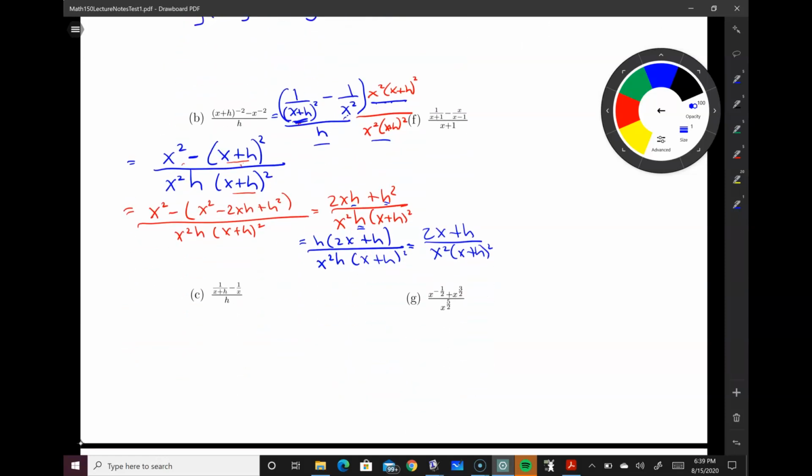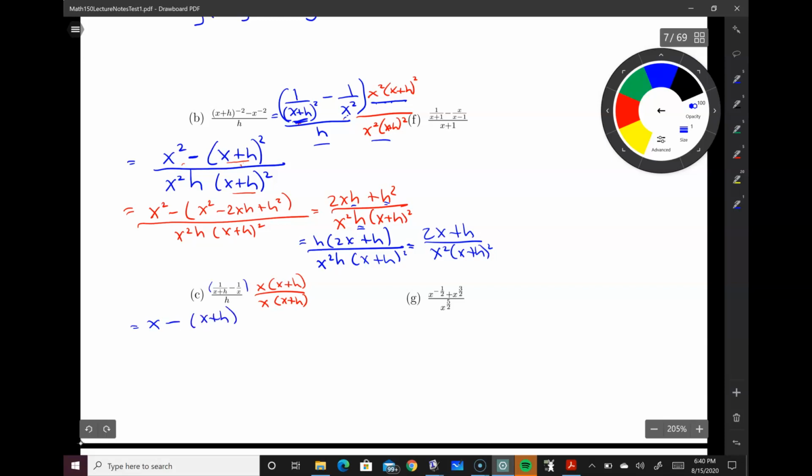All right, let's look at this one here. So this is really similar to what we just did. So let's multiply top and bottom by the least common denominator, which is x times (x plus h). All right, canceling as you go, as you distribute this through, I'll get x minus, and if I multiply these two terms, I'll get x plus h.